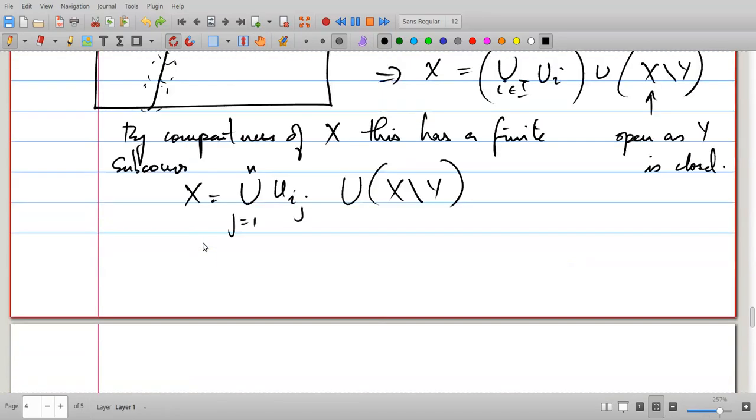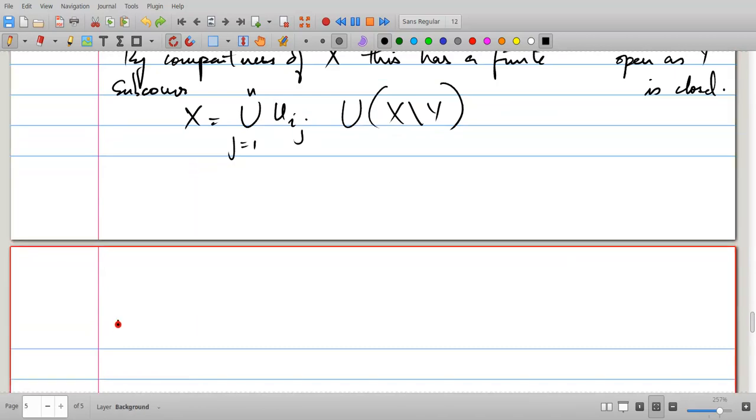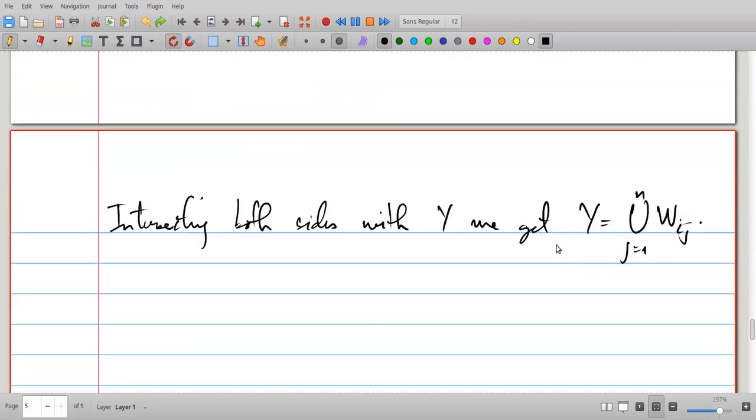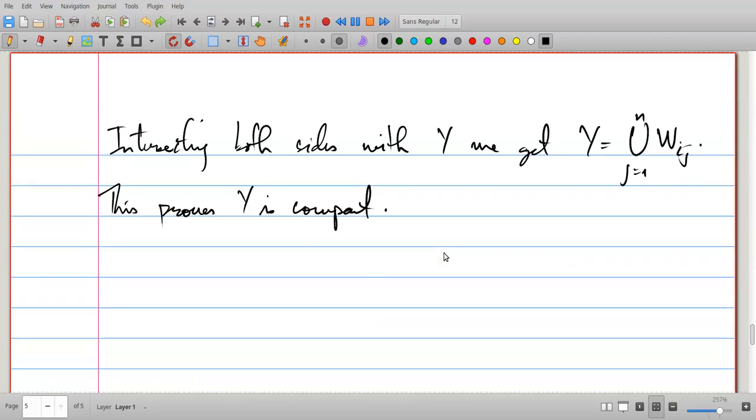And then we just intersect both sides with Y. So intersecting, we get Y is equal to the union of Wij. So this proves Y is compact. So it has a finite subcover, and so it is compact.